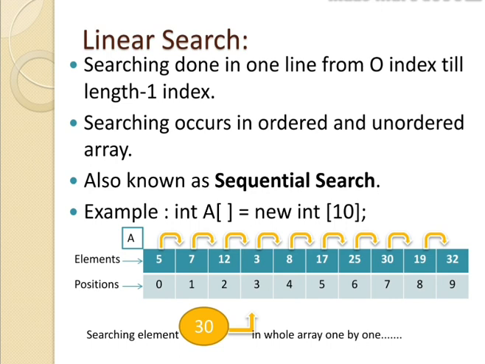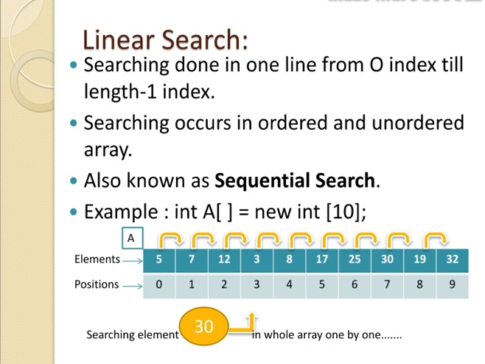For example, if I am having array A of size 10, means 10 integers we are having. I had already shown you all. The array contains elements 5, 7, 12, 3, 8, 17, 25, 30, 19, 32.